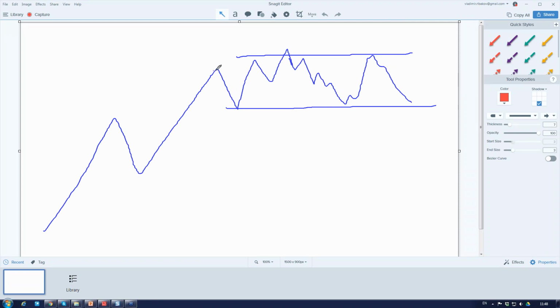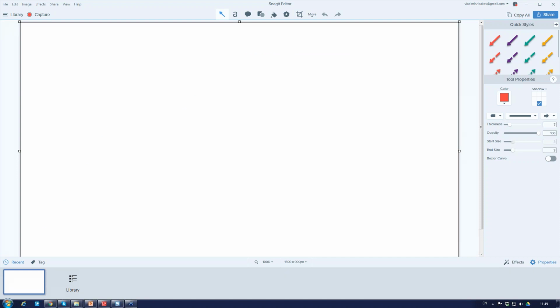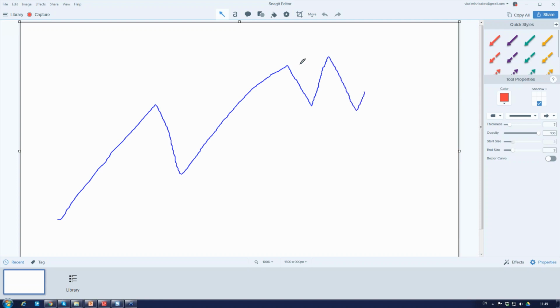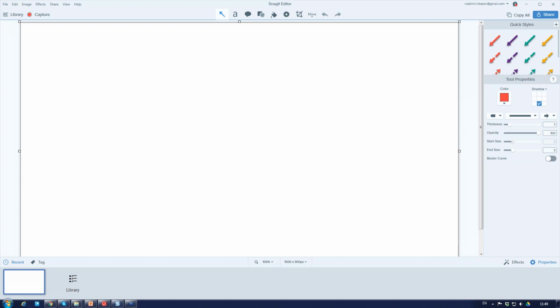The second way, and the most popular way, is that it comes like this, and here we got a false break and a false break, one above the top, one above the last bottom. This creates for us another possible range. Two false breaks, one up and one down, or two in the same direction, create for us a potential range.